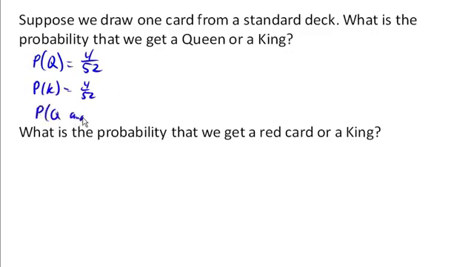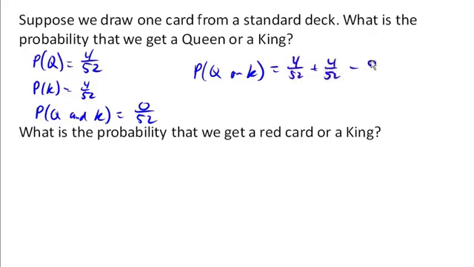Well, none. It's impossible for a card to be both a king and a queen. It's one or the other. And so the probability of queen or king here is just 4 out of 52 plus 4 out of 52 minus 0, which is 8 out of 52.